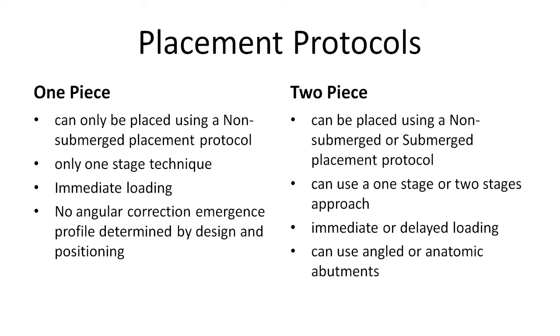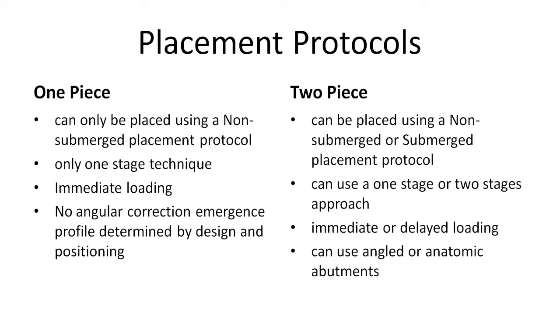And this has advantages and disadvantages in that you can obviously avoid a second surgical procedure. The disadvantage is that now you have to consider things like emergence profile and protecting that implant whilst it's osseointegrating. Obviously, a one-staged implant, because it's in the mouth from the beginning, is subject to loading or immediate loading straight away.